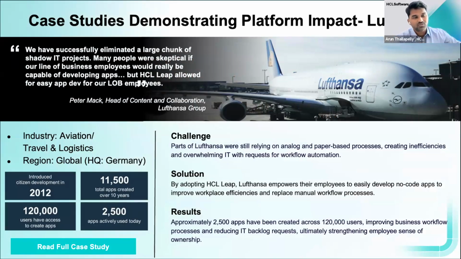All of that was solved after adopting Leap, where the employees were able to build their own applications and improve efficiencies really quickly. Now, look at the scale of how these guys were building. They were able to build 2,500 apps across 120,000 users. Now you can see how many apps were required to bridge the digital capabilities, and how they were able to do this quickly within our technology.